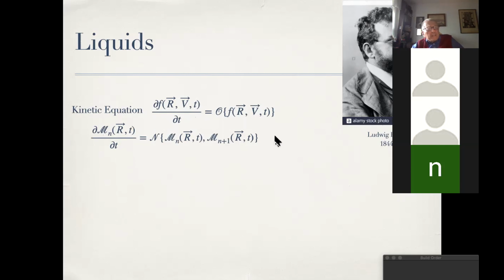The right-hand side turns out to be, again, seemingly simple, but incredibly difficult. Namely, it's a certain nonlinear equation, and it contains not only the same moment, but also the next one.